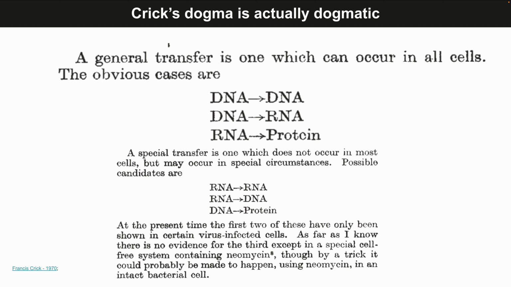At the present time, the first two of these have only been shown in certain virus infected cells. As far as I know, there is no evidence of the third except in a special cell-free system containing neomycin, though by a trick it could probably be made to happen using neomycin in an intact cell. So he's very transparent. He's saying at the present time. So he's saying that he meant this as a hypothesis, but it became the famous central dogma.